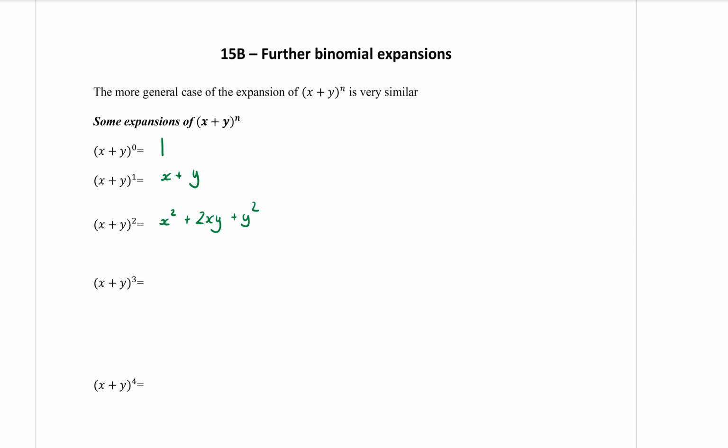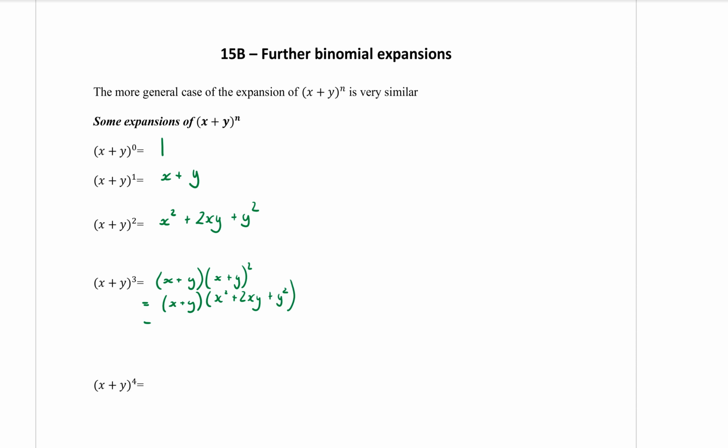If I were to do x plus y all cubed, I would break that apart to be x plus y times x plus y squared. Now the x plus y squared, we just expanded that. That's x squared plus 2xy plus y squared.